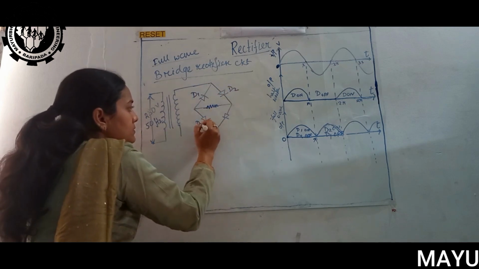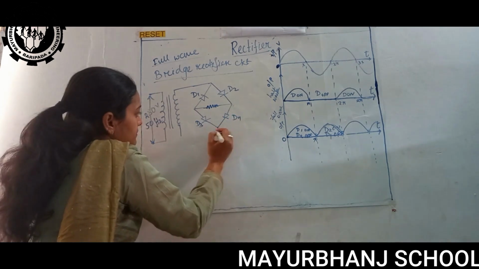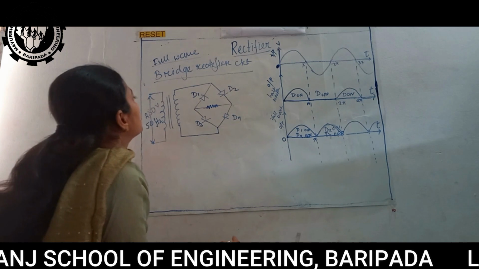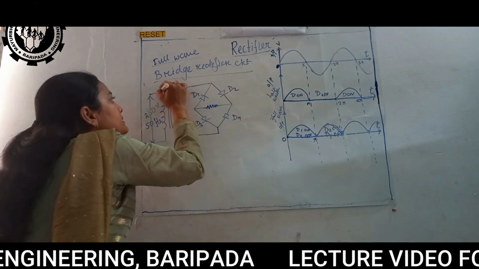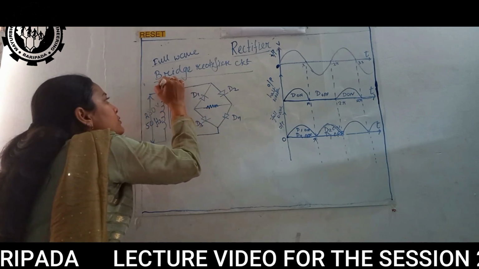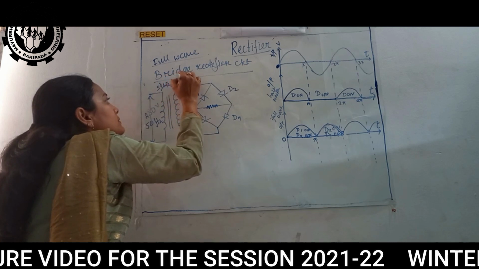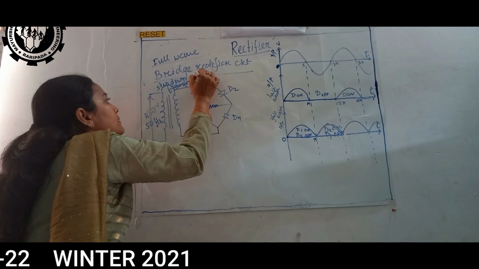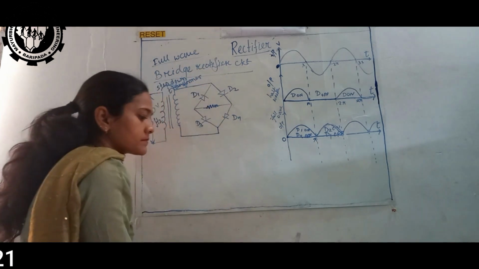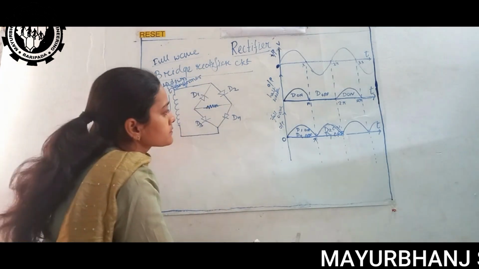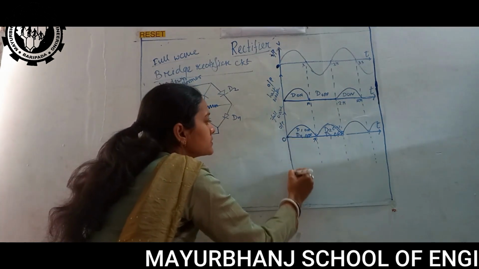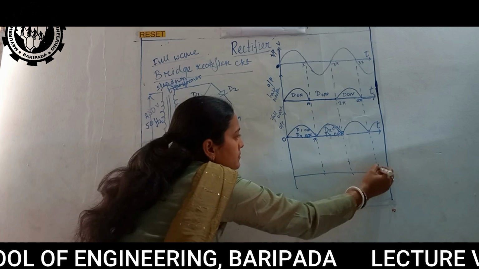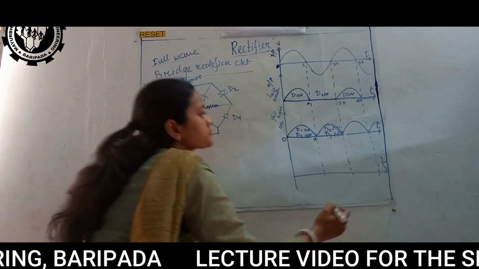D1, D2, D3, D4. Again it's a step down transformer. I'm drawing over here the output waveform with respect to time.